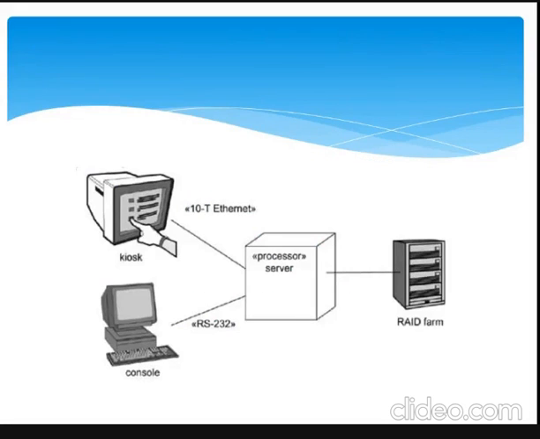This is an example of how to model processors and devices. Here the processor is a server and the devices are RAID farm, console, KSCO. These devices are connected to the processor by using some cables like 10T Ethernet cable and RS-232 cable. These cables are represented by using association lines.